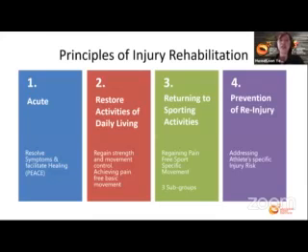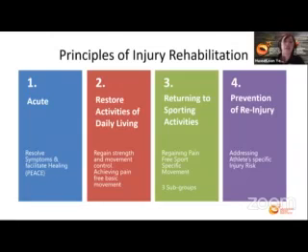But in a sports setting, we go a phase beyond the 3 basic phases. Phase 1 is acute, phase 2 is restoring activities of daily living, the 3rd phase is to return to sporting activities, followed by the 4th phase of addressing re-injury.